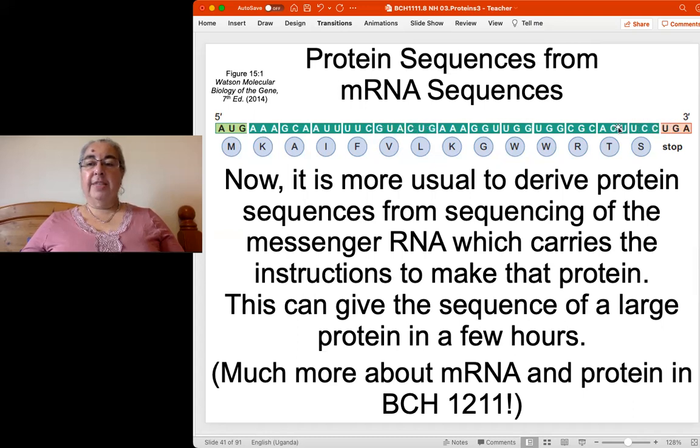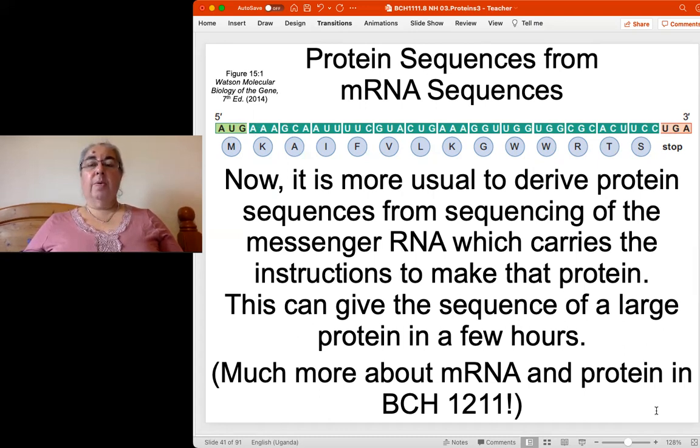And finding the sequence of messenger RNA is much quicker, much easier, much cheaper than finding protein sequence. So if we find out the RNA instructions, we can find out the sequence of a protein which is made from those instructions in a few hours.